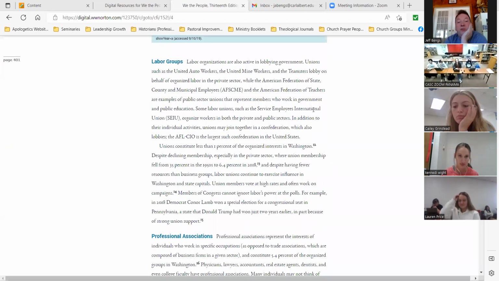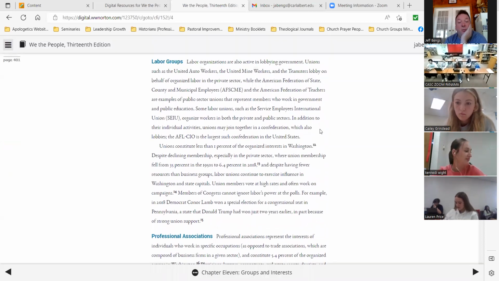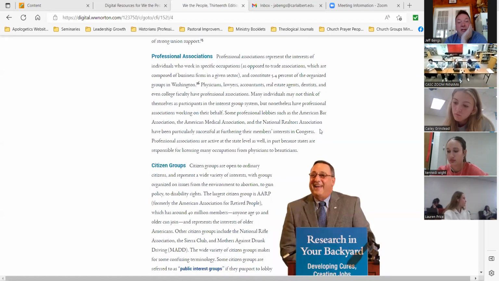There's labor groups. And this would be what I mentioned earlier, United Auto Workers, but they're not a business group, they're a labor group. Because they focus on the workers of those groups to make sure about all those issues, minimum wage and vacation leave and things like that. Professional associations.